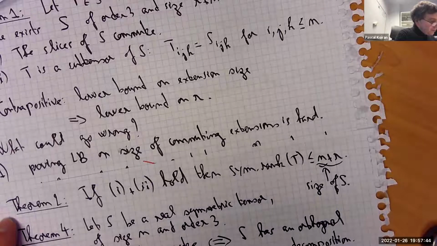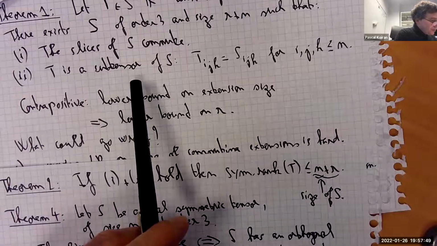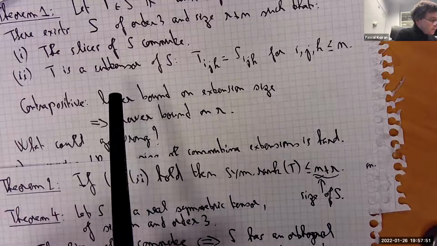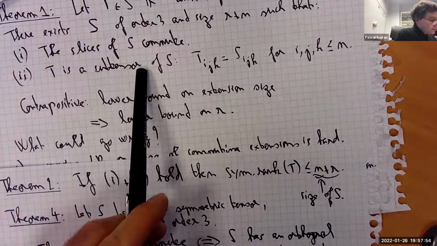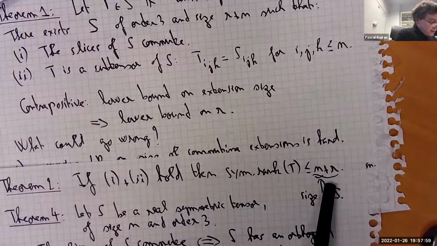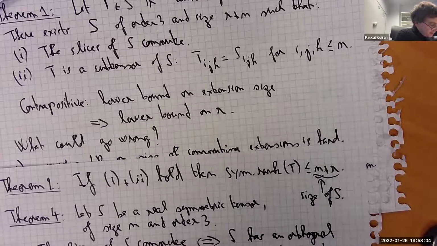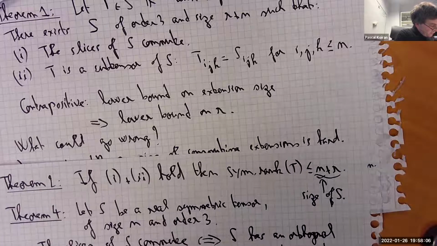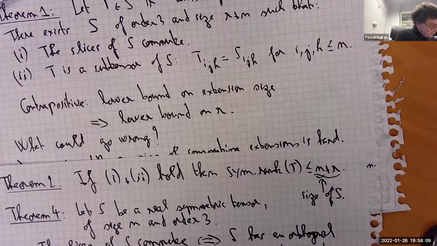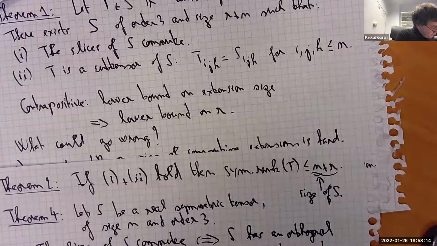Just to recap, we start from some tensor T. We assume that we have T as a subtensor of S of size n plus r. And then I claim that the symmetric rank is bounded by n plus r. Well, this follows clearly from theorem 4 because of this observation here, basically.